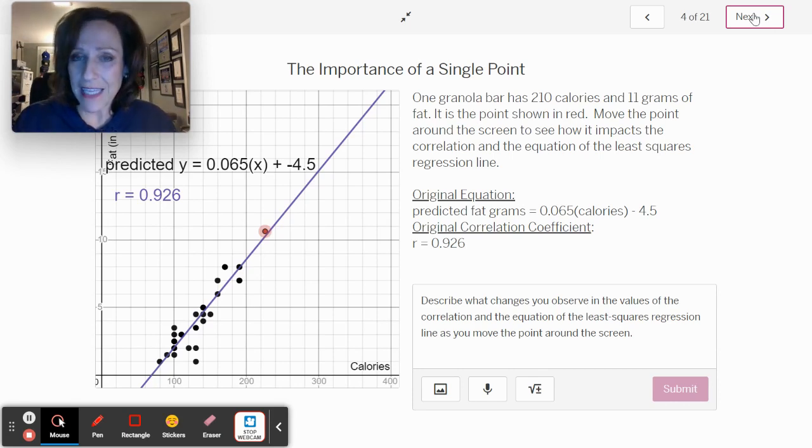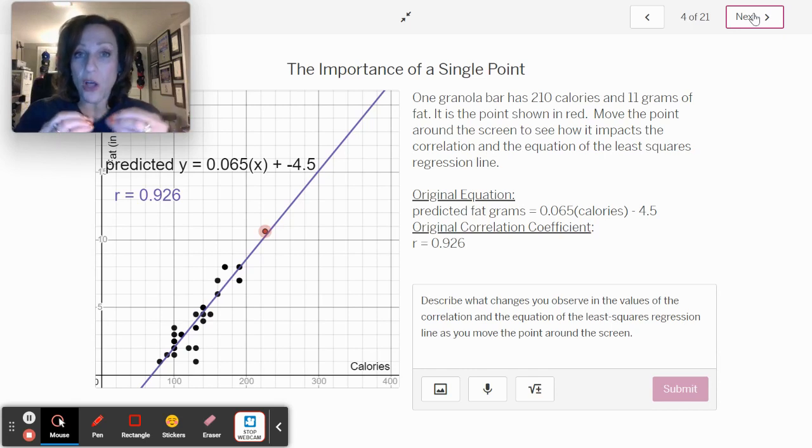Today we switch over from just general transformations of all the data at once, which is all we've done so far this year, to having an impact on just one singular point. We're going to see how that one singular point will impact the correlation to the rest of the data, and how it will impact the equation of the line.